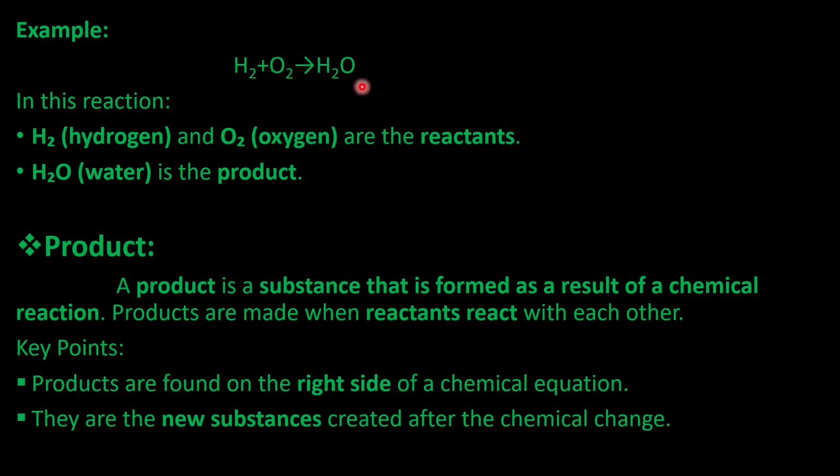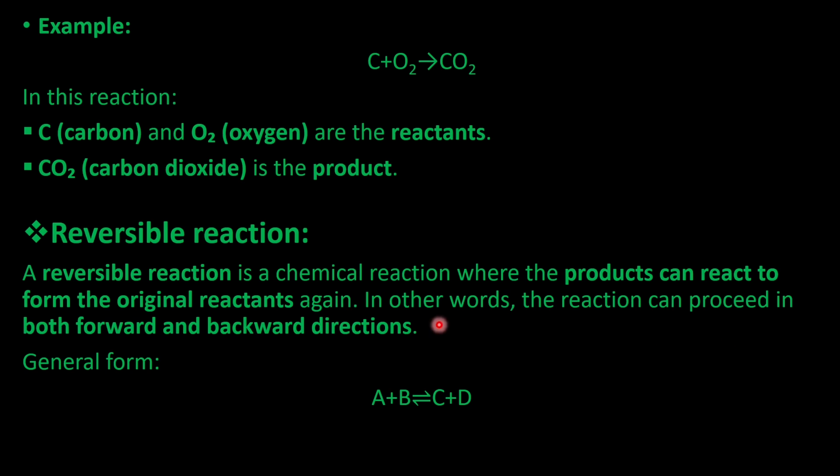This is the right side of the chemical equation, and they are the new substances created after the chemical change. These new substances are known as products. For example, when carbon reacts with oxygen, it yields carbon dioxide. In this reaction, carbon and oxygen are the reactants, and carbon dioxide is the product.